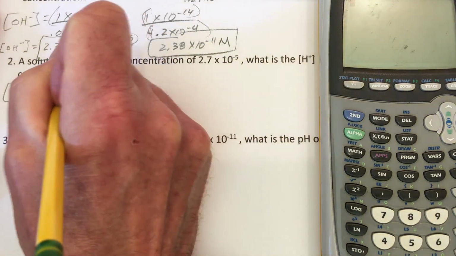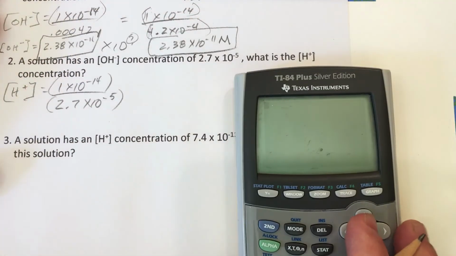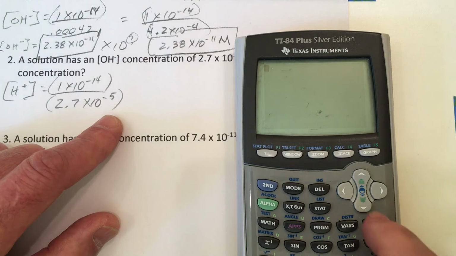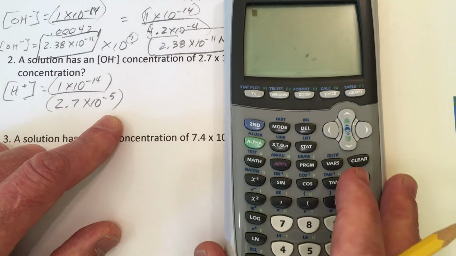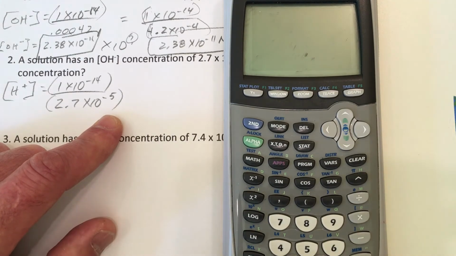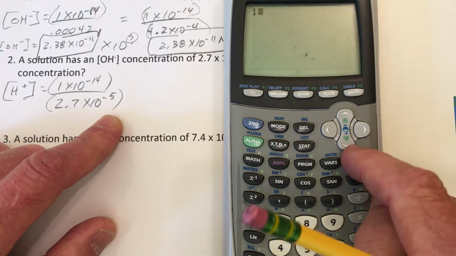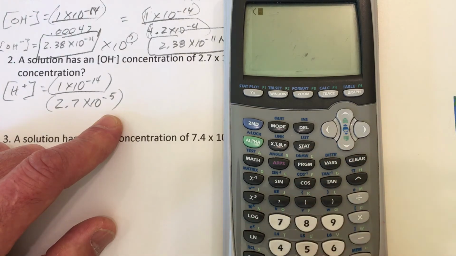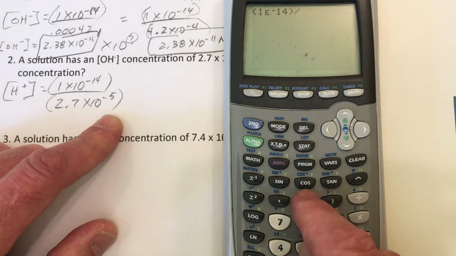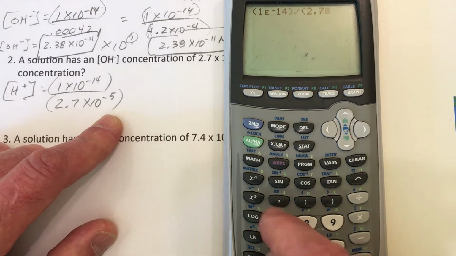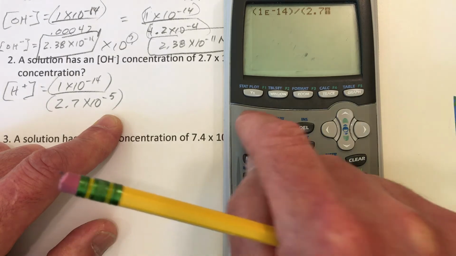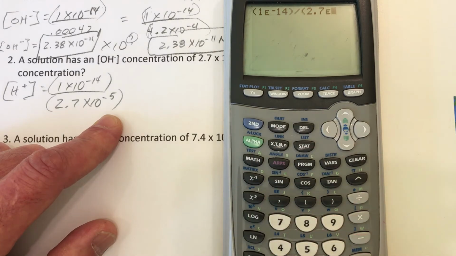And again, I need to use parenthesis. Okay, so I'm going to type in 1. Oops, nope, back up. Got to use the parenthesis. Okay, I'm going to type in 1 times 10 to the negative 14, close parenthesis, divided by, use my parenthesis, 2.7 times 10 to the negative 5, close parenthesis, and hit enter.